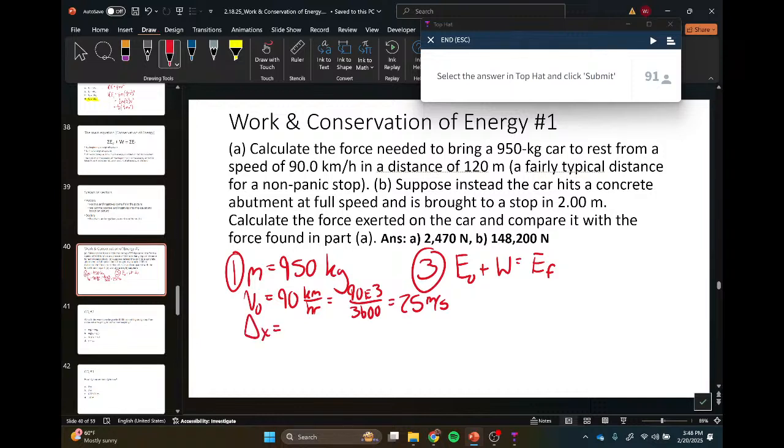My delta x is going to be 120 meters. That's my displacement, distance, however you want to phrase that. Final velocity is 0. And that's kind of all the numbers. There's the 2 meters, but that's part B. We are solving for force.